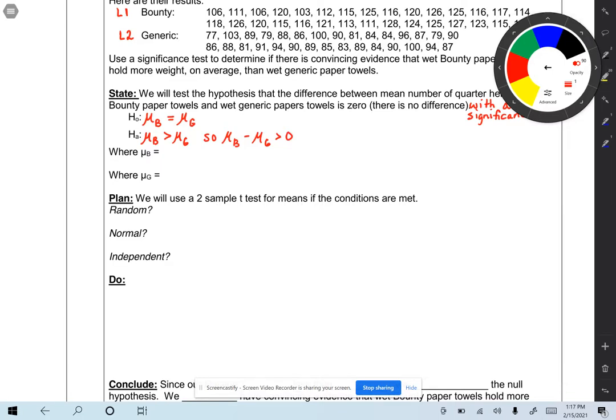Or you can just remember that this means the same thing, that there is a difference. Okay. Where the mean of Bounty is the actual mean amount of quarters held by Bounty paper towels.